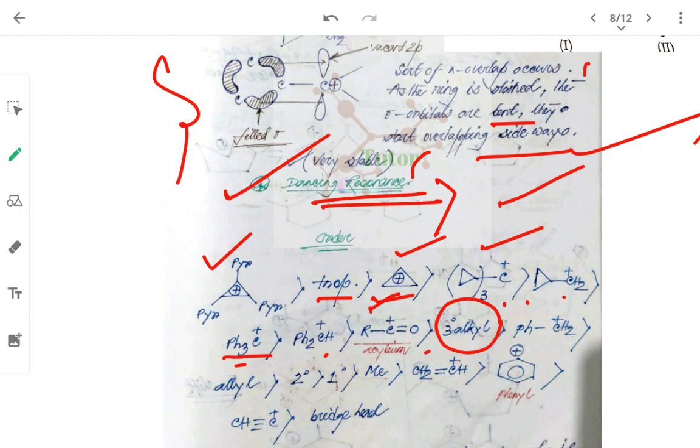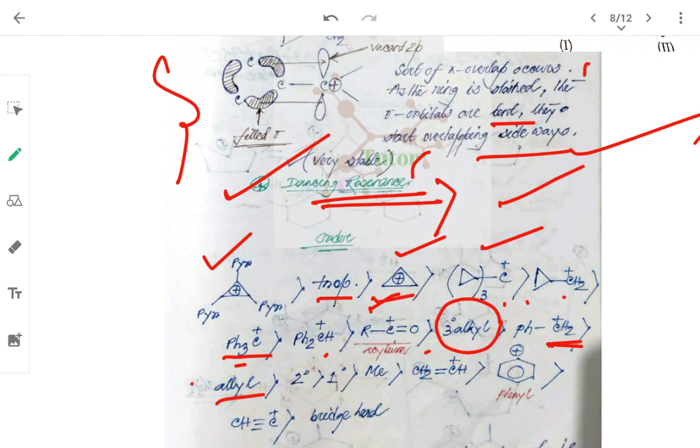3 degree alkyl carbocation is more stabilized than benzyl carbocation 1 degree. If there is present one phenyl group or benzyl group, then it is relatively unstable than 3 degree alkyl group.